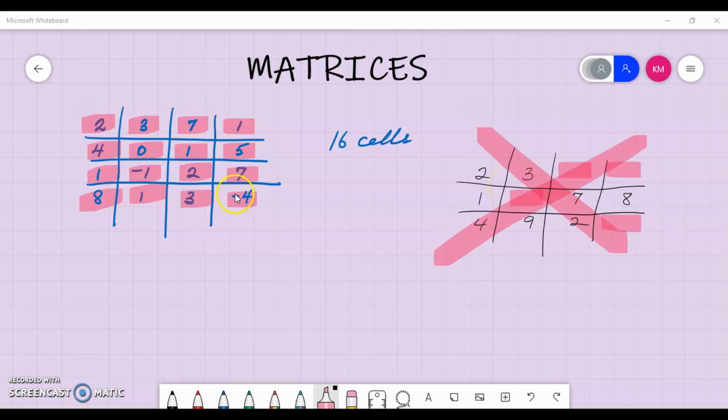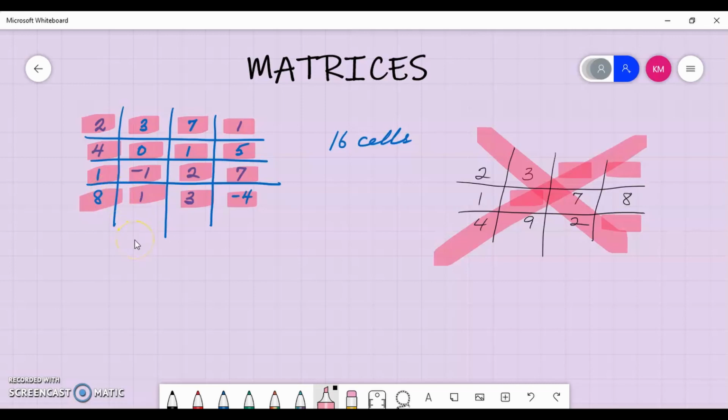Now, each value that is in a matrix is called an element. So just as there are 16 cells in this matrix, there are 16 elements. Now, each element of a matrix is strategically put into a different cell, and it must maintain the order in which these numbers appear.